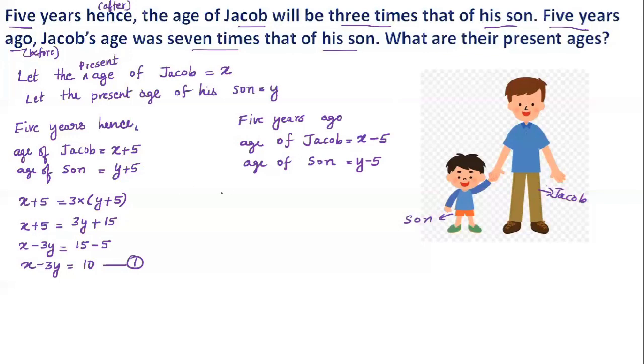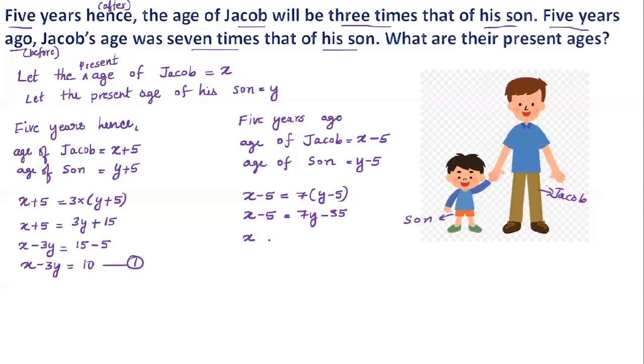Now look at the statement. 5 years ago, what is the equation you have to write? Jacob's age, that is x minus 5, was, means it is equal to 7 times, 7 into his son, y minus 5. So x minus 5 is equal to 7y minus 35.